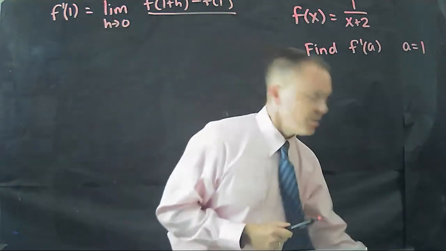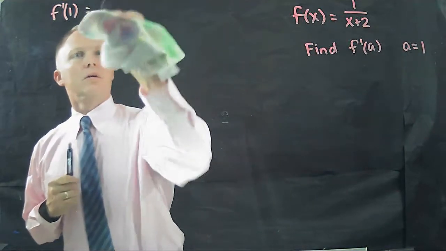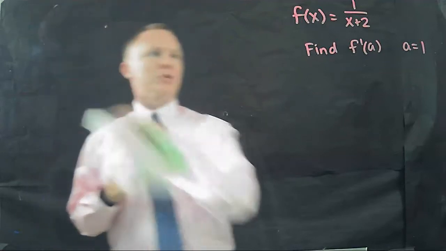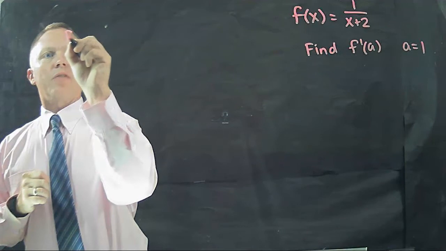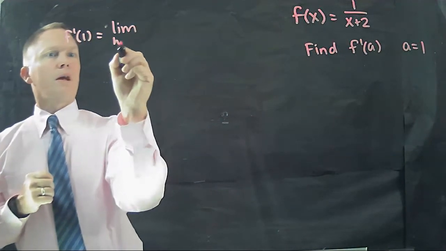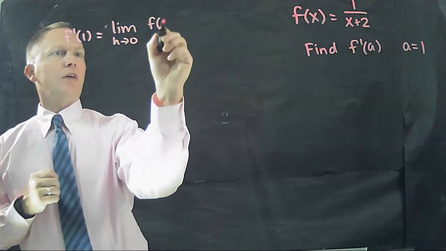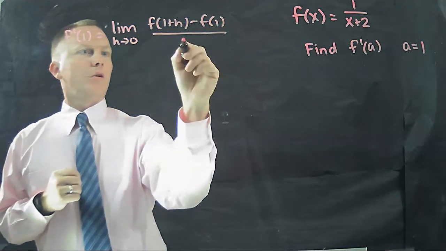You guys can't see that, so I'm going to rewrite this again because it's a lot to read out loud. Let's drop it down. f prime of 1 equals the limit as h goes to 0 of f of 1 plus h minus f of 1 over h.